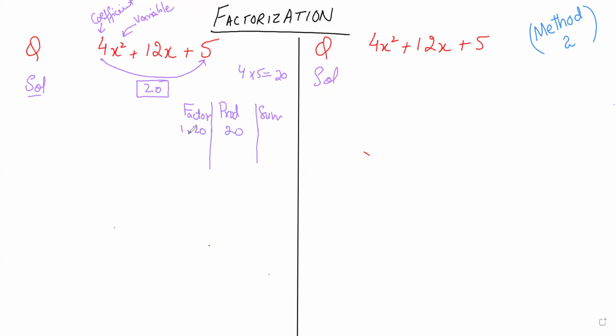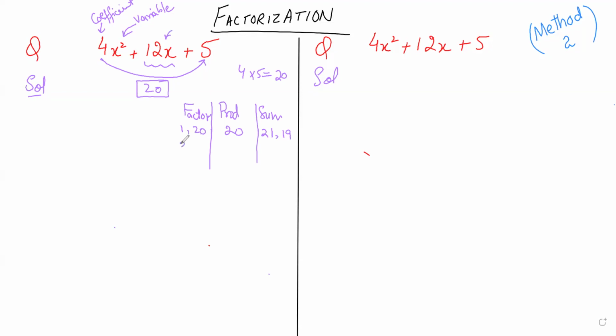But if I add 1 and 20, I will get 21, or if I subtract it, I will get 19. But my desired number is 12x, because I have to multiply, but when I add or subtract, I must get the central number, which is 12x. Now, 1 and 20 fails.